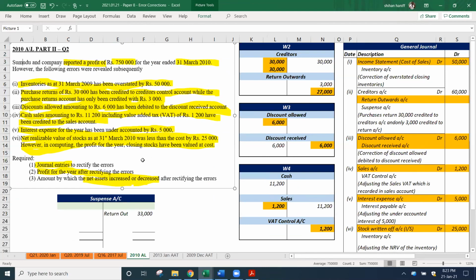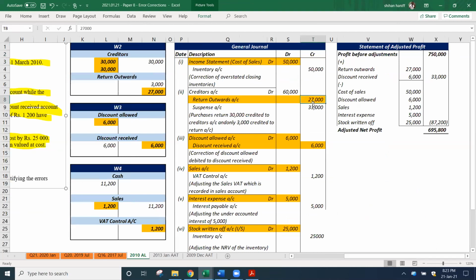Now once the errors are corrected, the profit will change. So what will affect the profit? Income and expenses. So what I have highlighted, those are the income or expenses, or any amounts which go to the income statement. Right? So those amounts will change the profit.